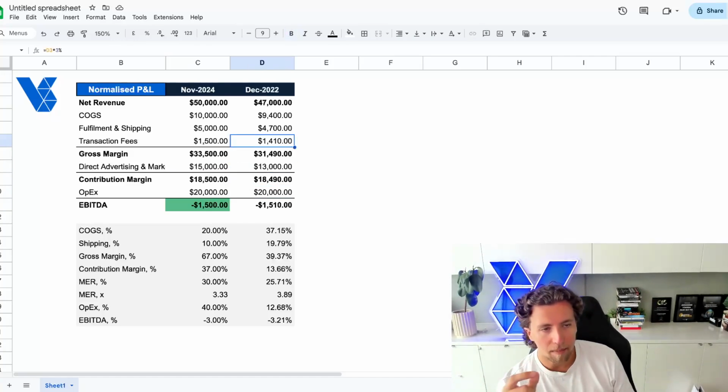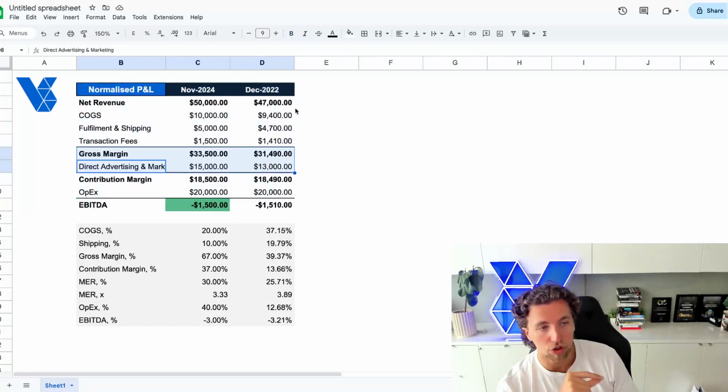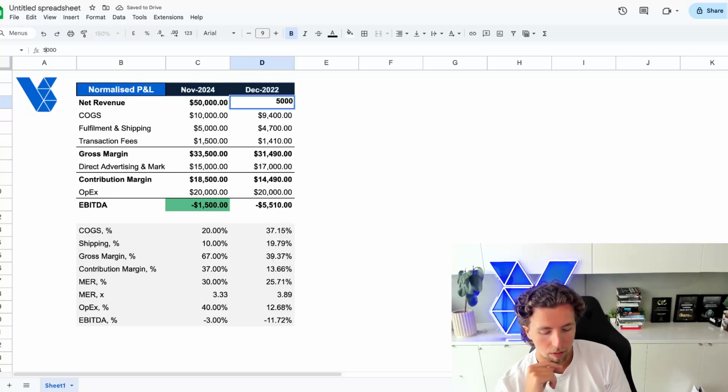And the only way to demonstrate that cutting spend is not the solution is to understand this basic P&L and be able to walk people through it and have an understanding that direct advertising and marketing is what's generating the top line. And so the solution to profitability generally is, yes, increase efficiency of current spend, but also spend more so that we can drive incremental returns on top line revenue, which is going to grow bottom line and put you in a better position.